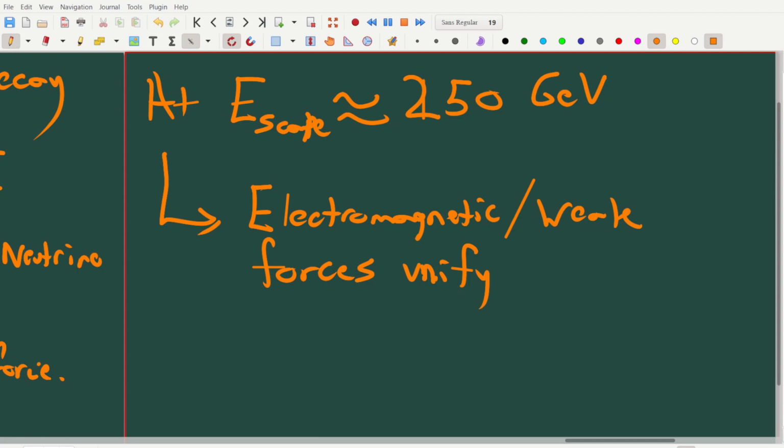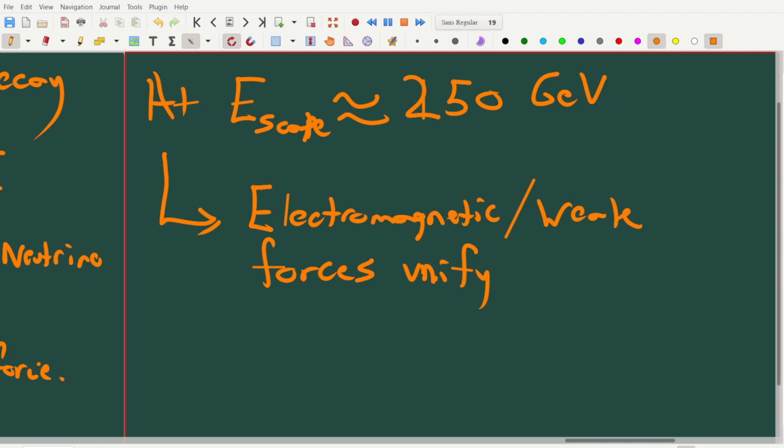So at energies higher than 250 gigaelectron volts, really, really high energies, there's no difference between the electromagnetic force and the weak force. So the same thing. But when you drop below 250 gigaelectron volts, they become two different forces with two different sets of particles, right? The electromagnetic force is a photon-mediated system, and the weak force is the W and Z boson-mediated system.